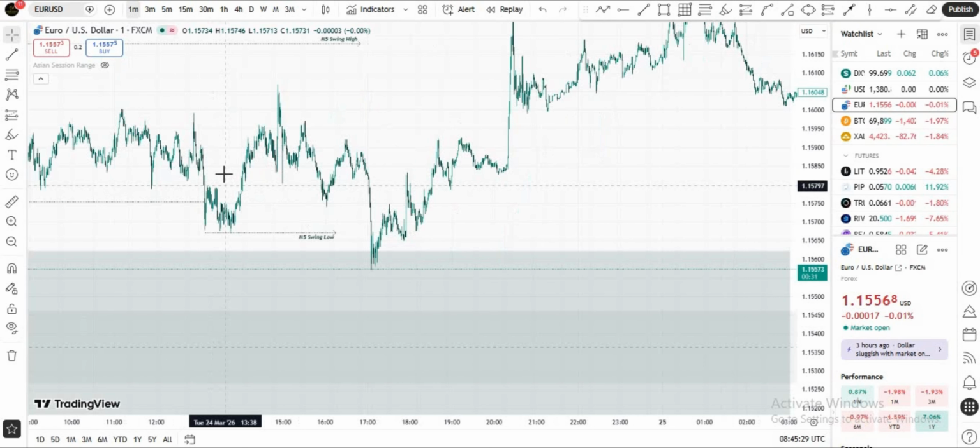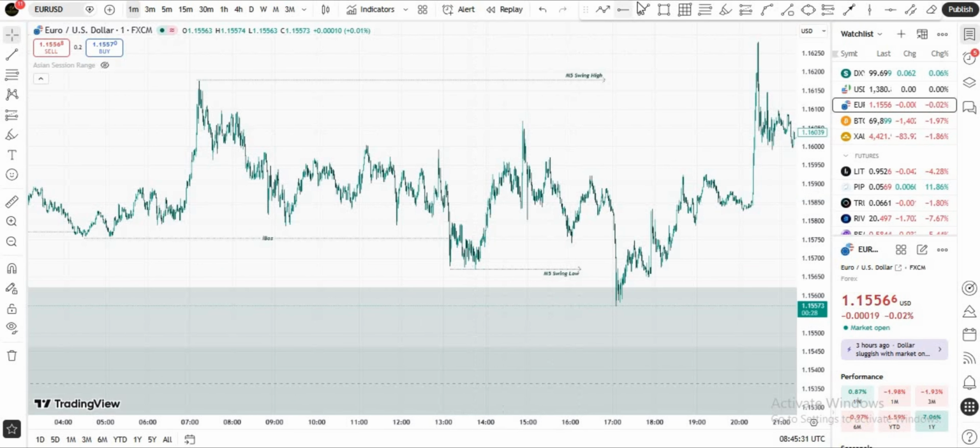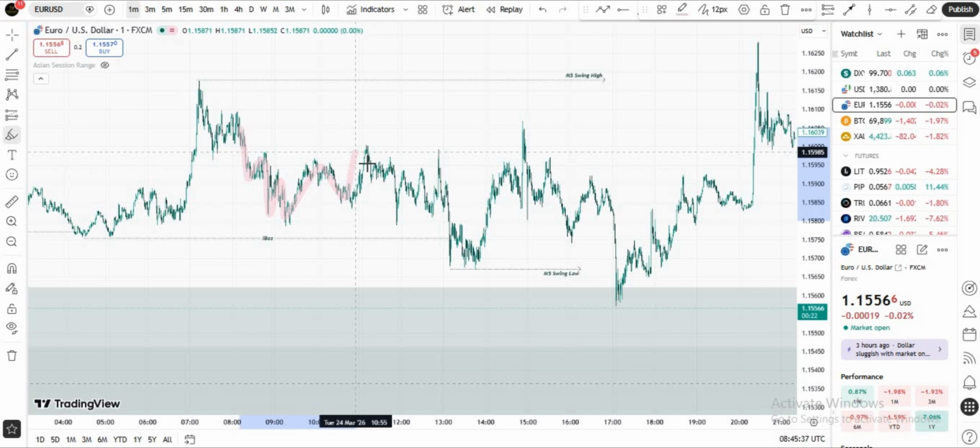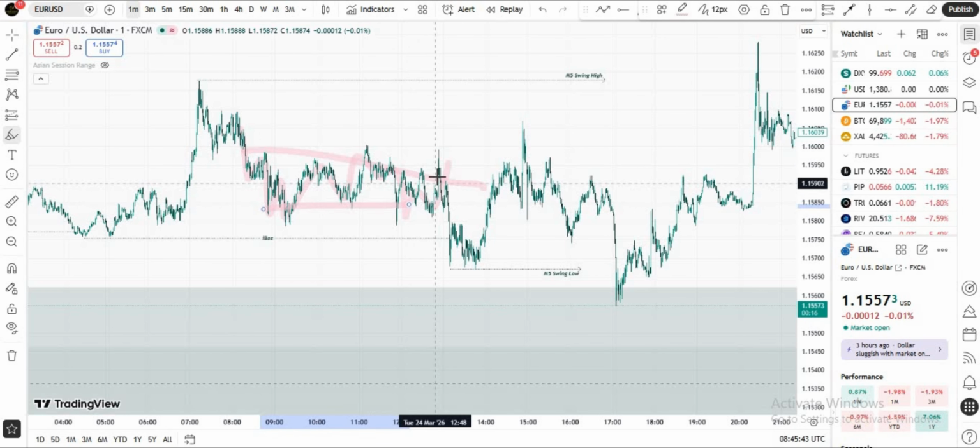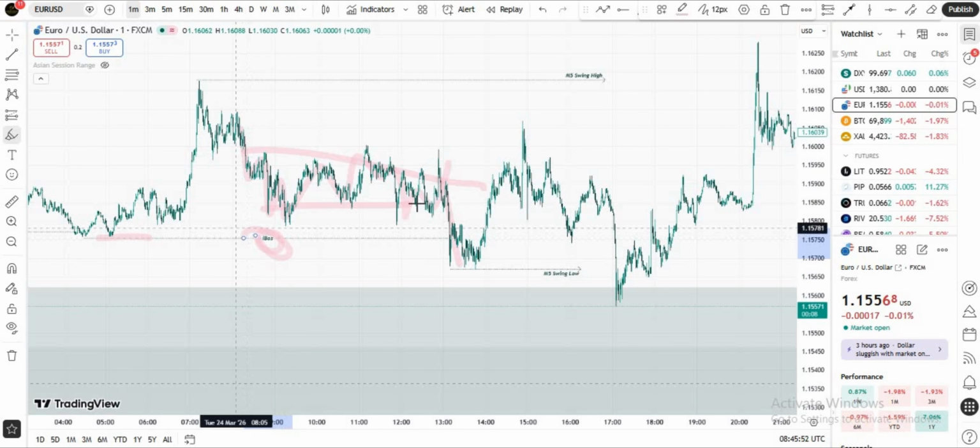Okay, so this is it now. What I also did on this 5 minute time frame was to understand what was going on in this structure right here, what had been going on at this point before price broke out of that consolidation range, which made price break the previous low and give us this internal break of structure.